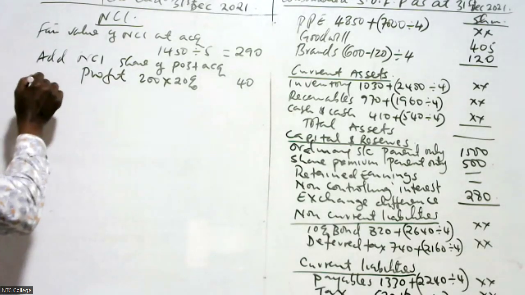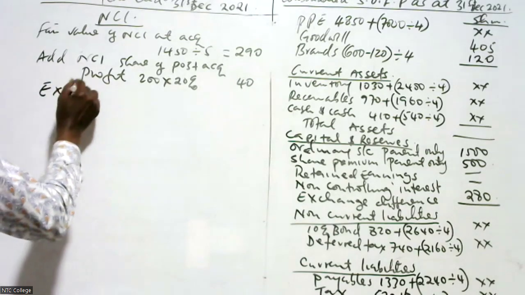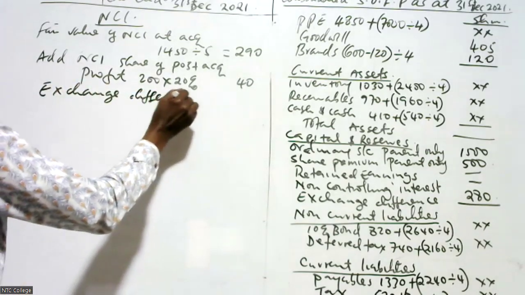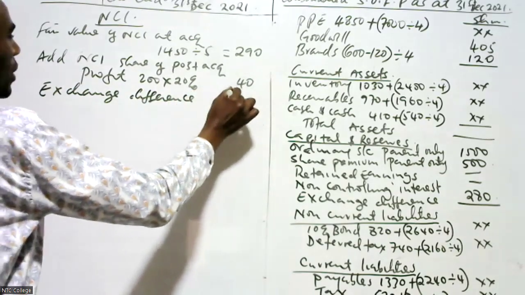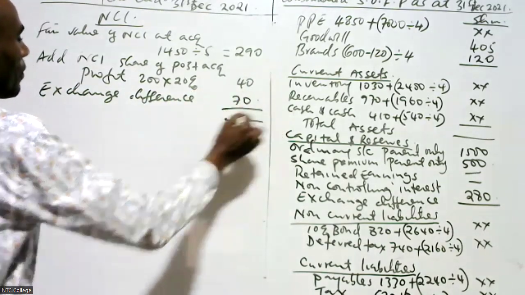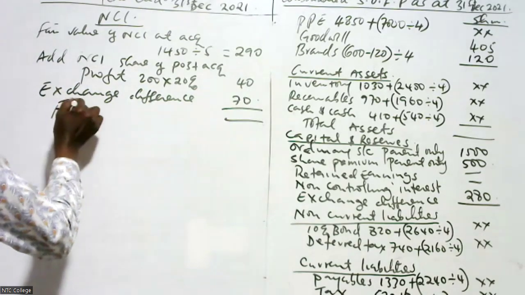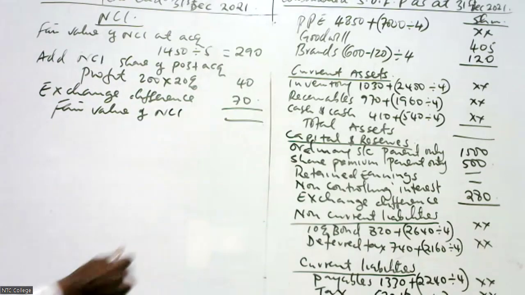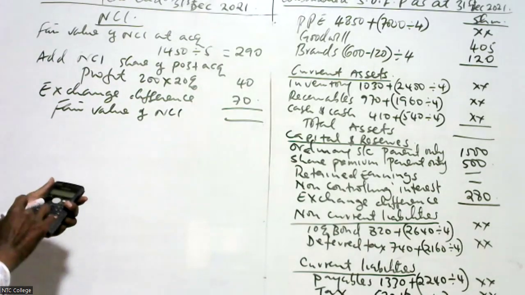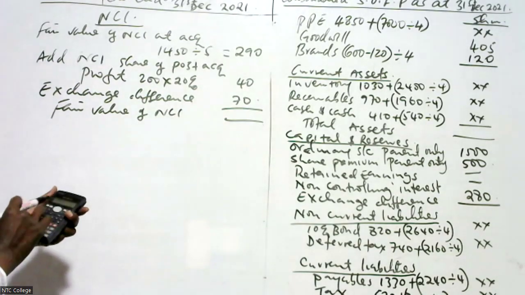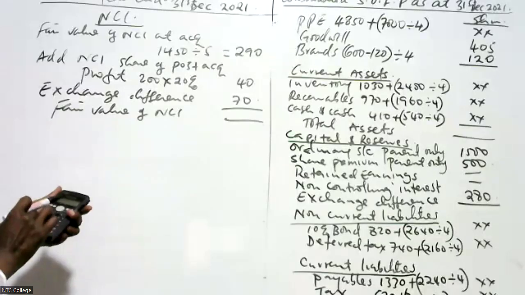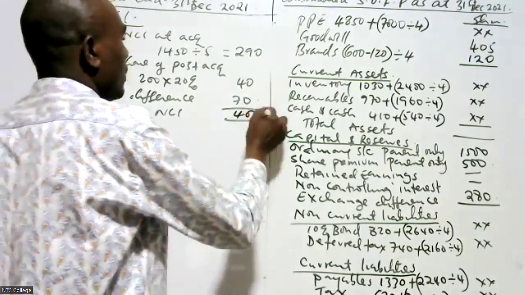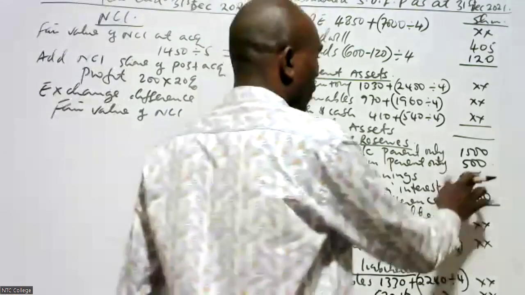Then we add exchange difference. Exchange difference is the only new item here, which was 70. Then you give me fair value of NCI at the end, which is 400. I come to report here 400.